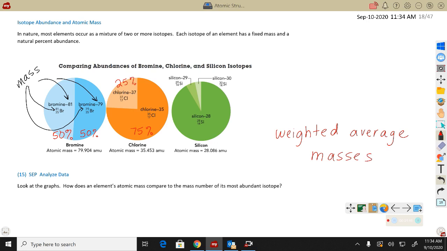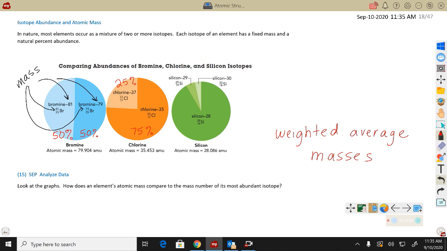So think about it. If I just say that the bromine isotopes are equally abundant, I could basically just average them. And what do you get? Oh yeah, if I take an average, 50% average, they're equally abundant, of 81 and 79.